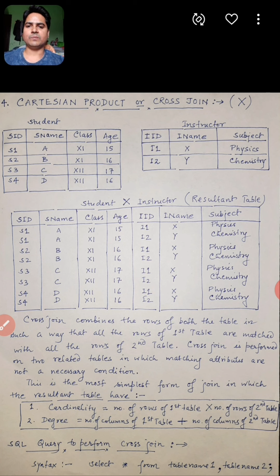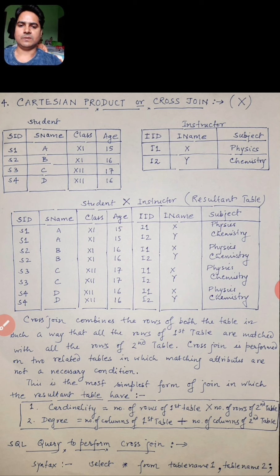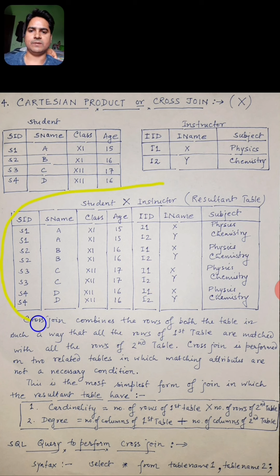Hence, the total number of rows obtained after multiplying both tables is the number of rows of the first table multiplied by the number of rows of the second table. This will give the cardinality of the resultant table. Is the resultant table clear to you?